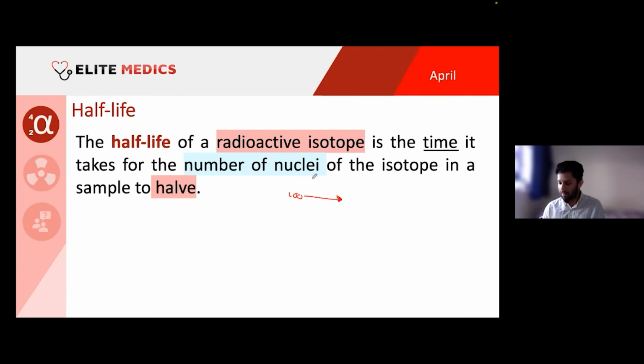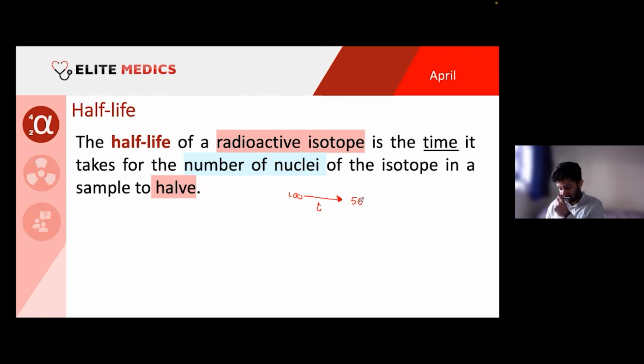Over time, it will decay. So I will go from being 100 nuclei to 99, then to 98, then to 97, 96, 95, etc. So the half-life is the amount of time t it will take to go from 100 to 50.